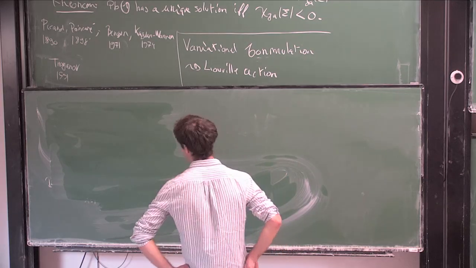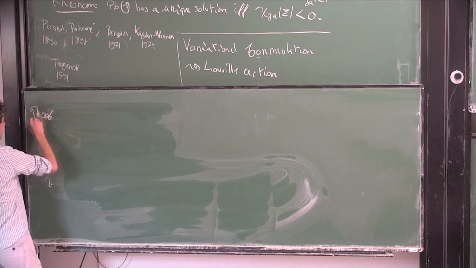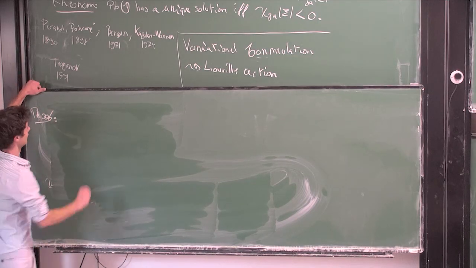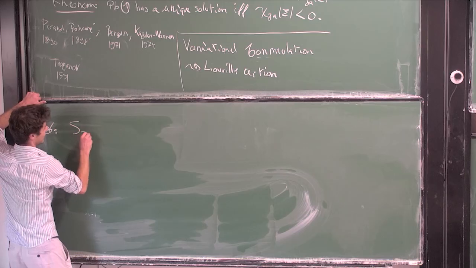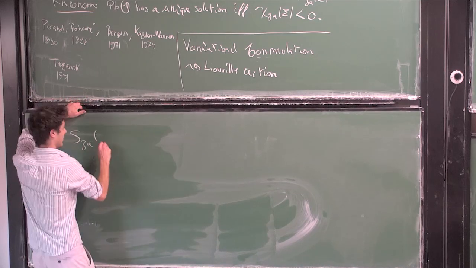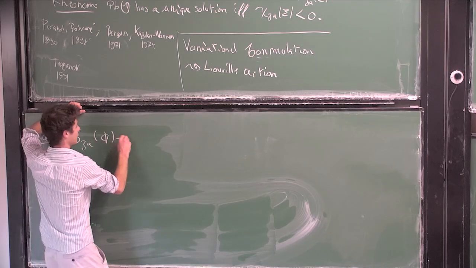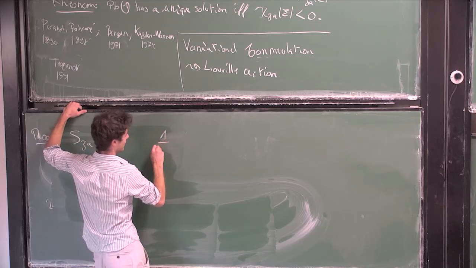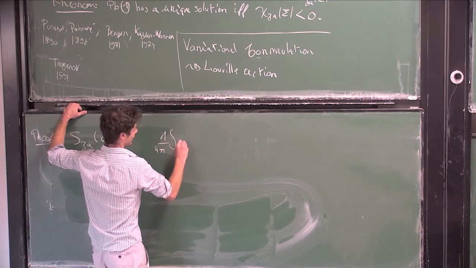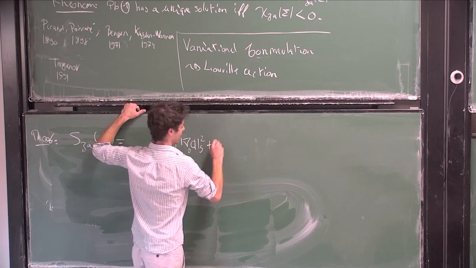So what is this Liouville action? It takes as an entry a phi as before, which I decompose as varphi plus h, and it is defined, at least heuristically, as follows. I have a first term which is the squared gradient. All of this depends on the metric.